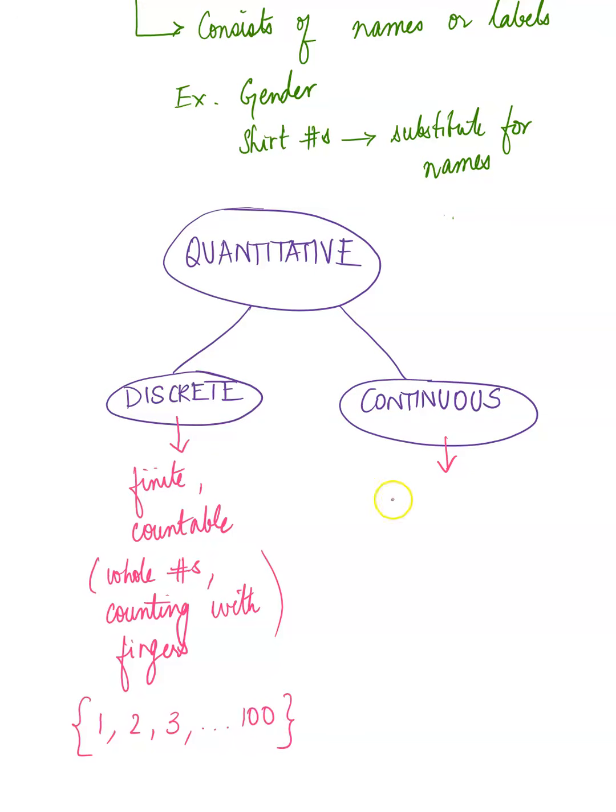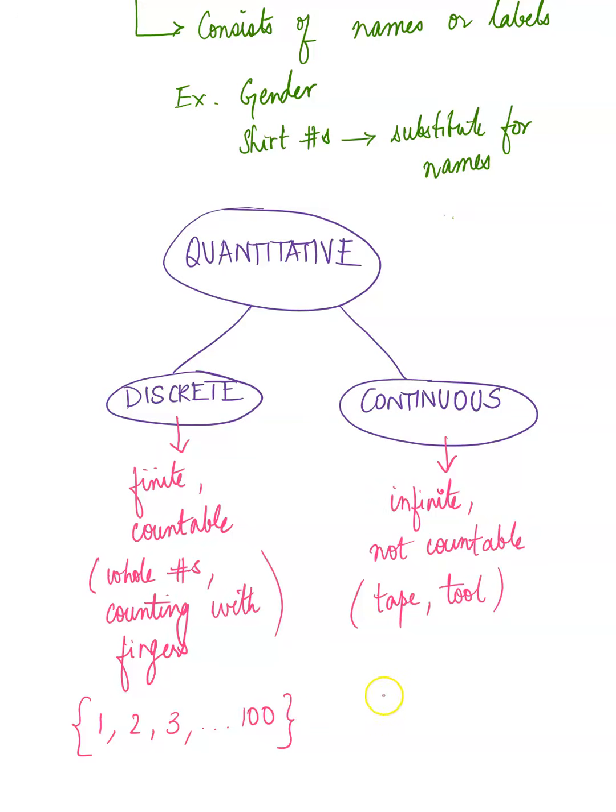Here, this would be generally infinite, even though I have a finite limit where it starts and where it ends, okay? And it is not countable. You cannot count it with your fingers. You need a tape, you need a tool to measure. So that's how it is.